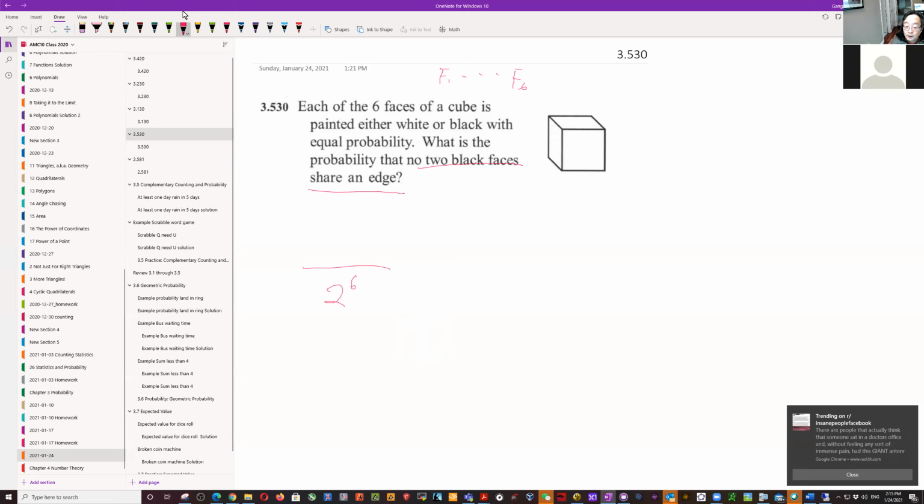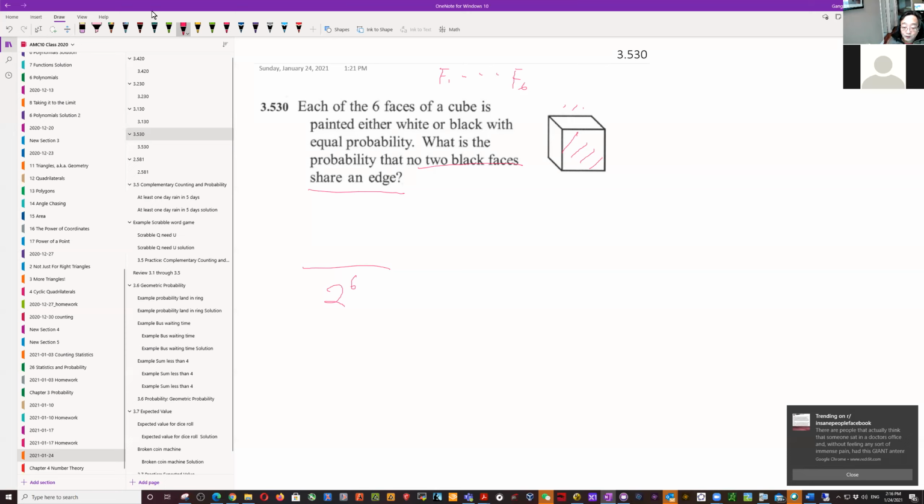What we find is that if we paint this side black, then the 4 adjacent sides cannot be painted black. The only one that can be painted black is the opposite. So at most you can have 2 black faces.